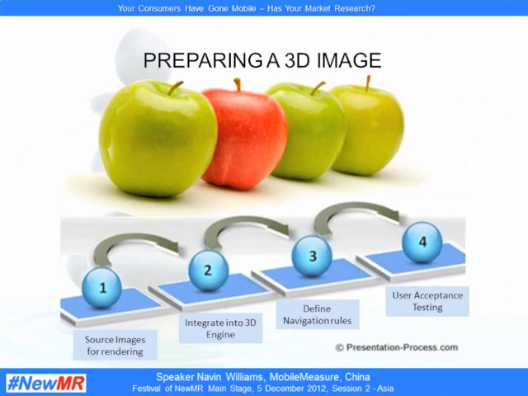Okay, I'm trying to show you the process broken down in just four steps. How we prepare a 3D image is we source rendered images. That simply means that we get multiple images of an object.